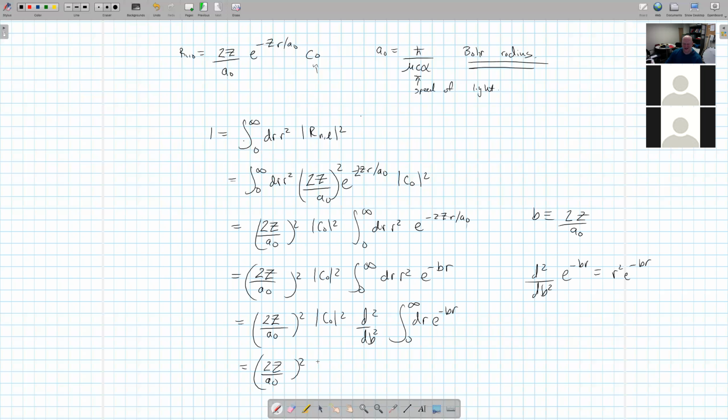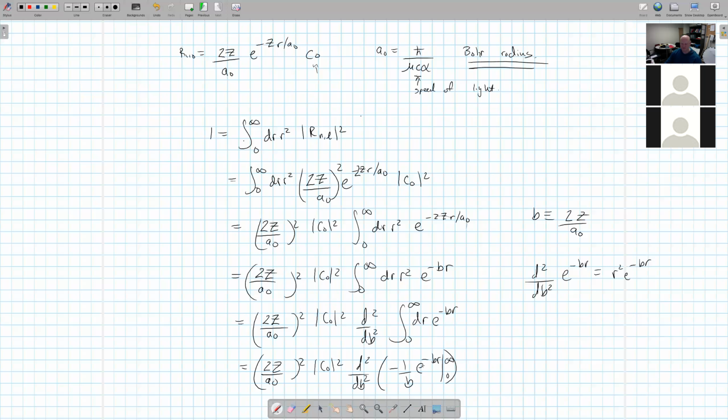Good. So let's go ahead and do that. Modulus c0 squared. Again, if I integrate this, since I'm integrating with respect to r, I'm going to get a 1 over b squared, right? Or no, 1 over negative b. So this is going to become equal to the 2 derivatives in b of negative 1 over b e to the minus br, evaluated from 0 to infinity, right?